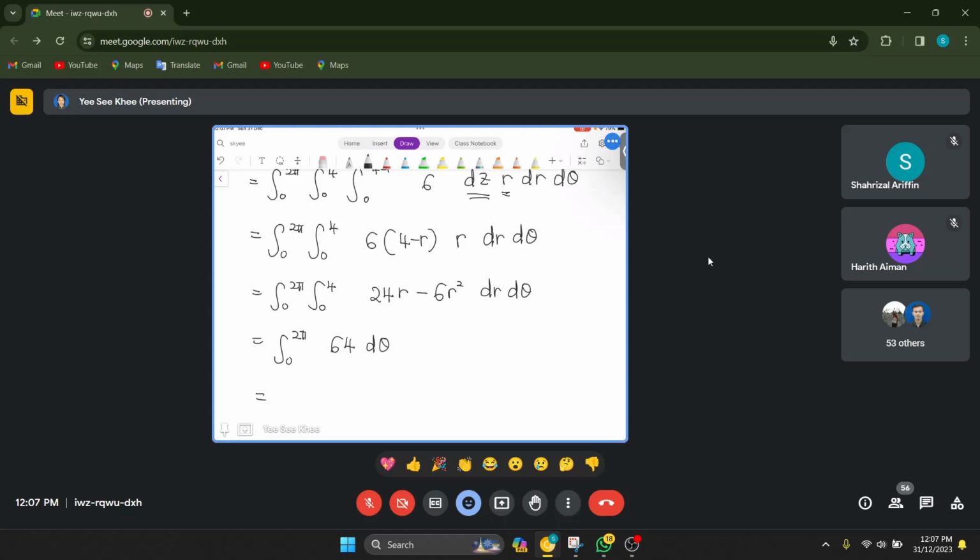And lastly, it will be 128 pi. Is it the same as the answer that we calculated just now? No, right? Just now the answer was 224 pi. Now our answer is 128 pi.